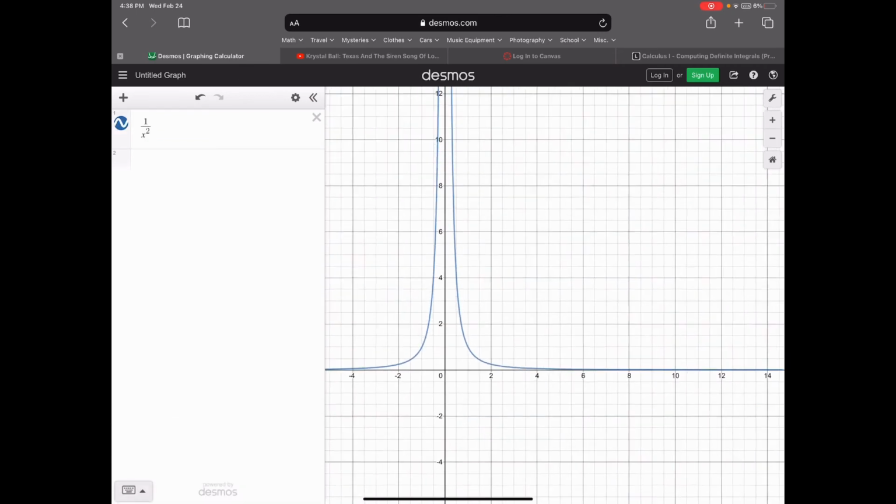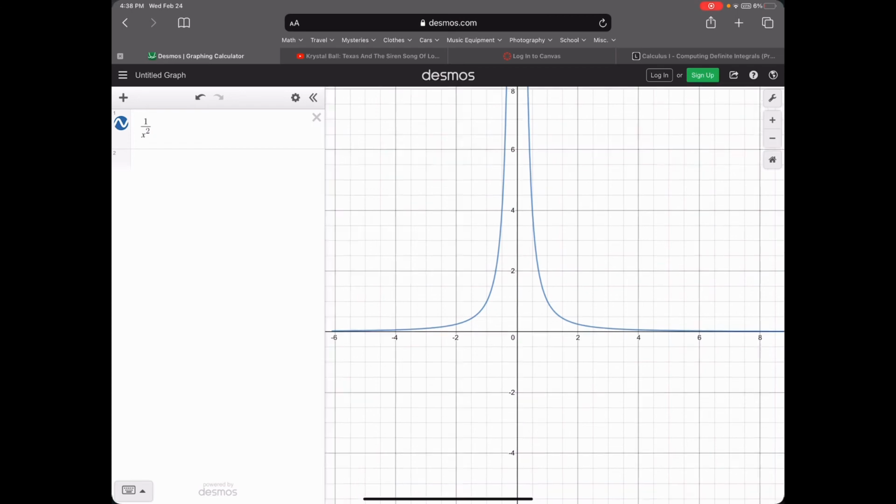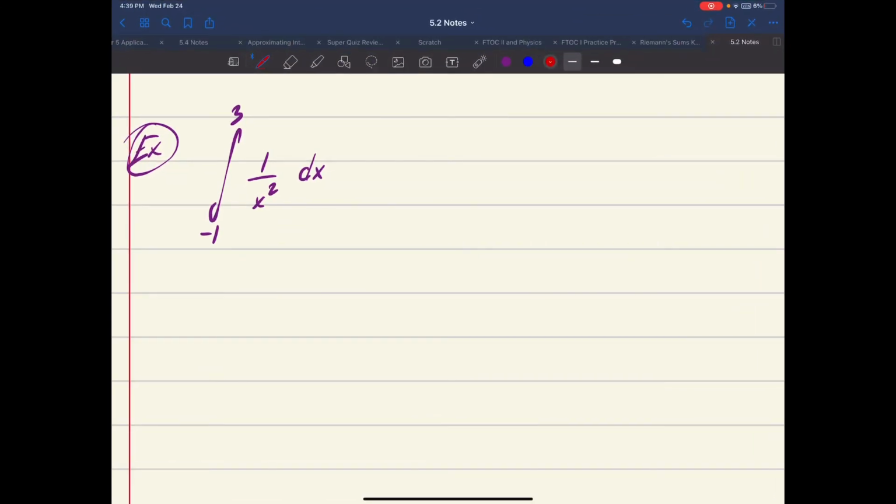This is 1 over x squared, and you can see that at 0, the function is undefined. So there's a vertical asymptote. For that example, it's not possible to evaluate the integral using those boundaries. We would say this doesn't exist because it's not continuous on that interval.